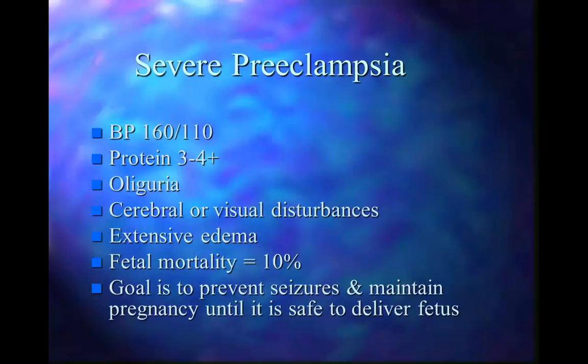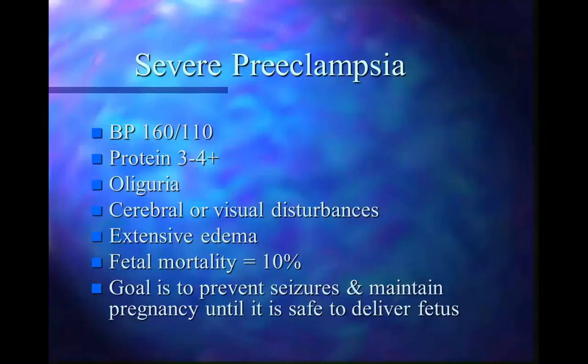Severe preeclampsia, their blood pressure is higher, 160/110. Protein is 3 to 4 plus. They're oliguric, and they'll have cerebral or visual disturbances, extensive edema, and when it gets to this point, the fetal mortality is about 10%.